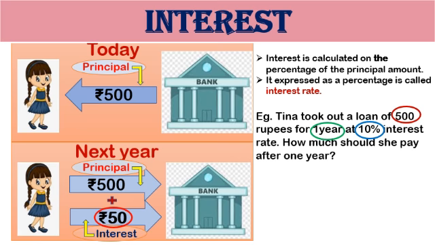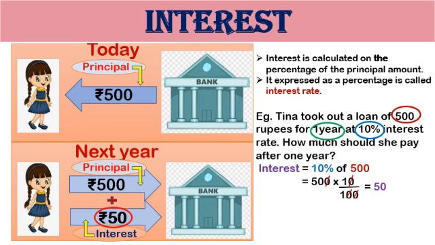So the interest is 10% of this 500 rupees. That is 500 into 10 by 100. This will give 50 rupees. So the 10% interest on 500 rupees for 1 year will be 50 rupees. And after 1 year, Tina will have to pay back both the principal and interest. The sum of these two is called the amount.